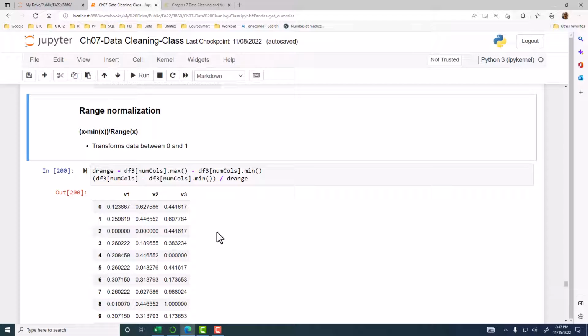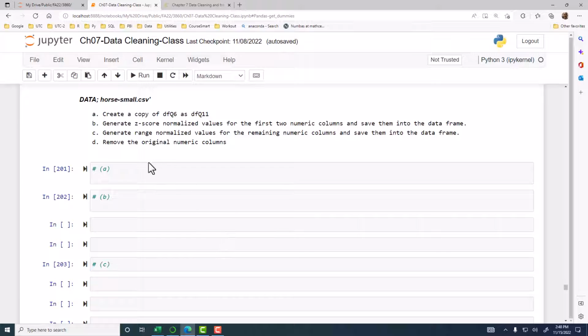So then these will be between 0 and 1. There will not be any negative values. Other possible normalization will be to convert everything between -1 and 1. That is another way of normalizing. There are a few others, but these are the two that are very common. Now, z-score normalization and range normalization.